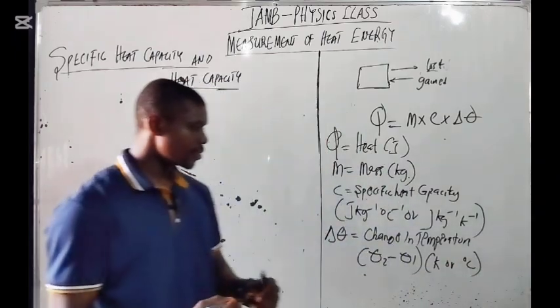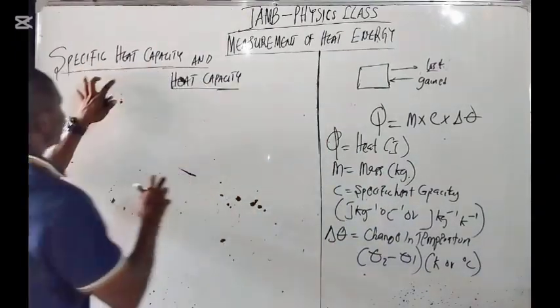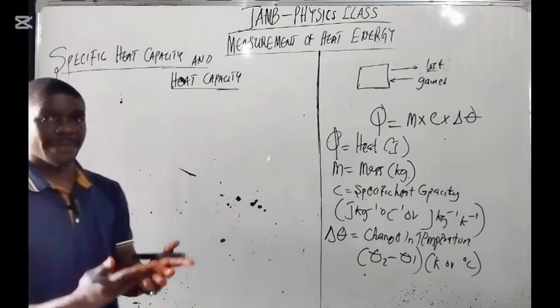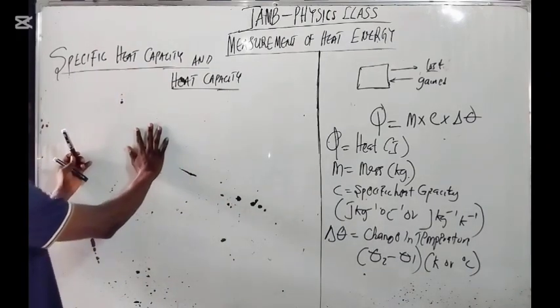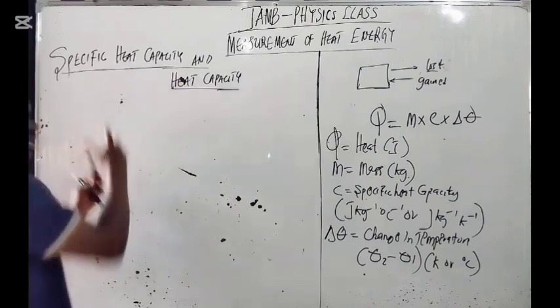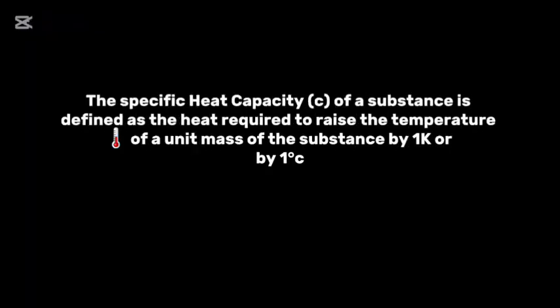Now let's define specific heat capacity, because specific heat capacity and heat capacity are not the same thing. Please take it down. Specific heat capacity of a substance is defined as the heat required to raise the temperature of a unit mass of a substance by 1 kelvin or by 1 degree centigrade.